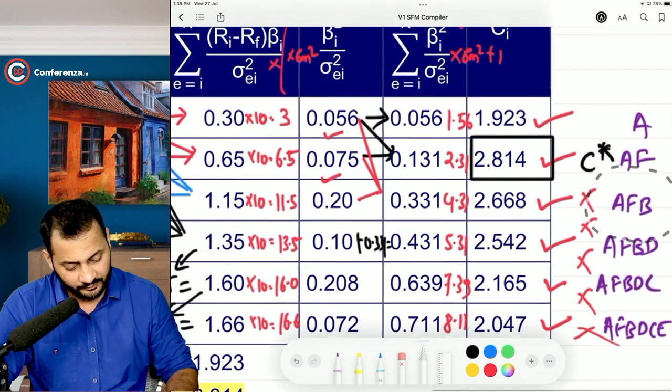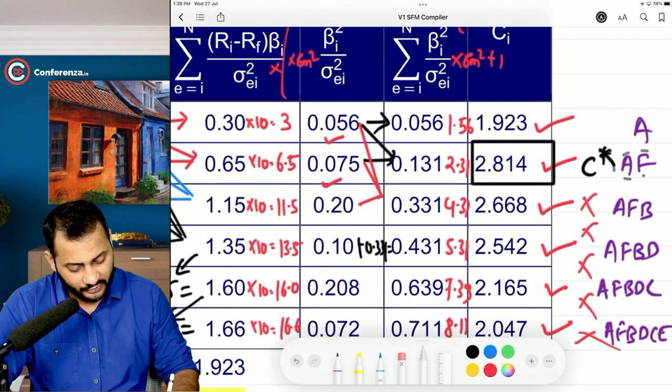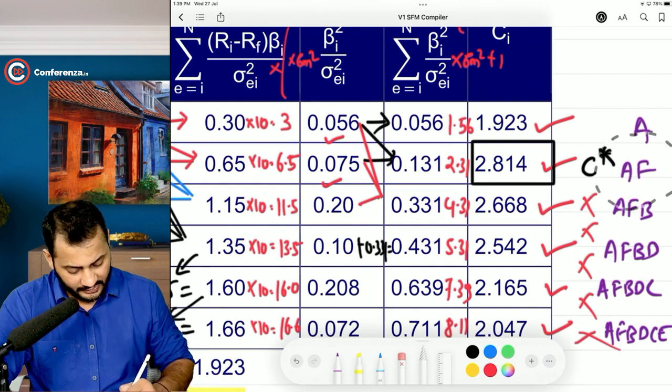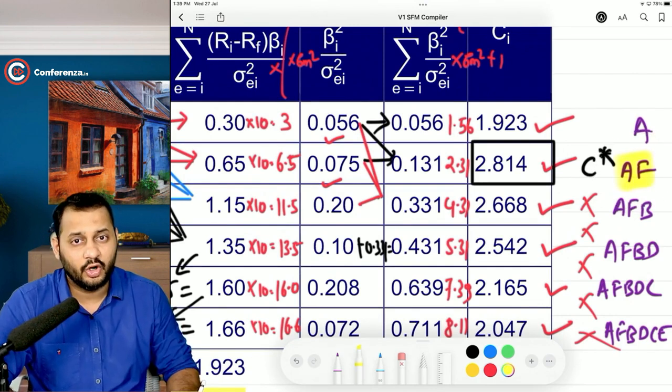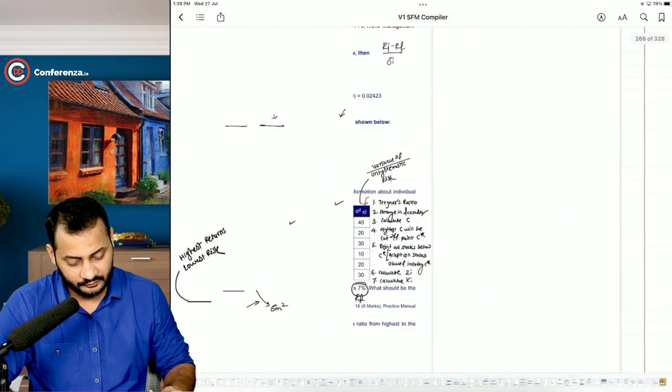So what does that mean? That means if we are selecting 2.814, we are selecting actually A and F securities for the optimum portfolio theory. This is our fifth step.